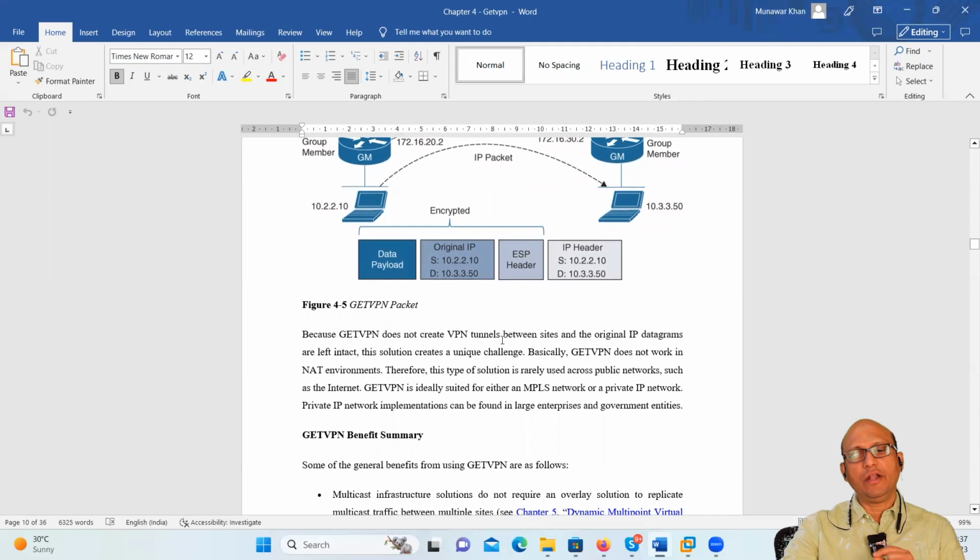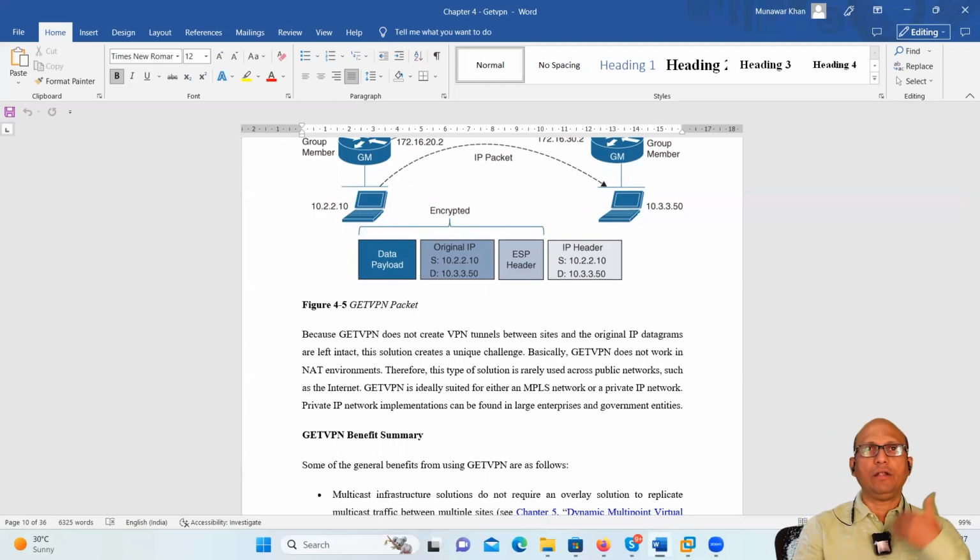GETVPN does not create VPN tunnels between sites and the original IP data is left intact. See, you can see from the header and footers. The IP header is intact, 10.2.2.10 and 10.3.3.50, exactly the same as what is encrypted. Why does it need to get mapped?